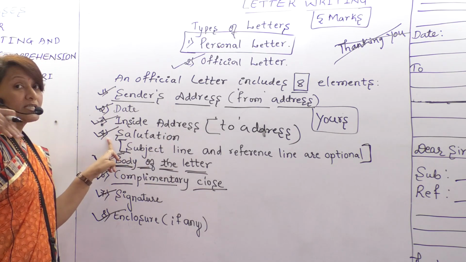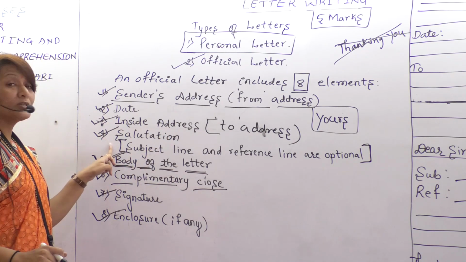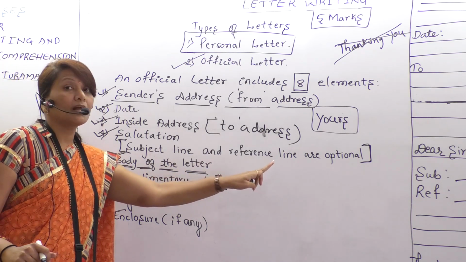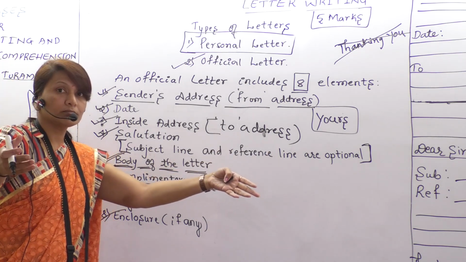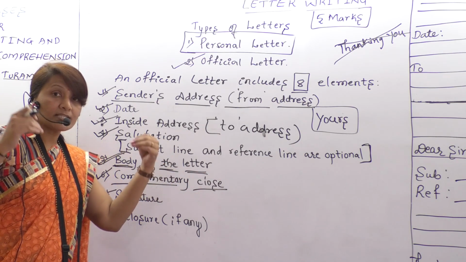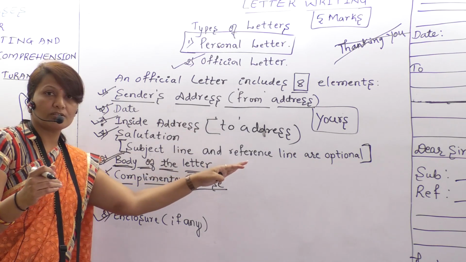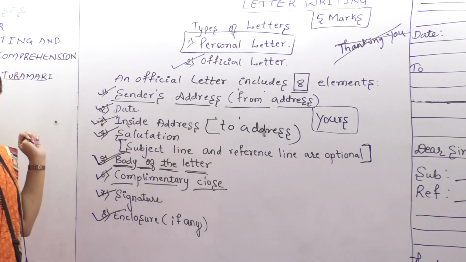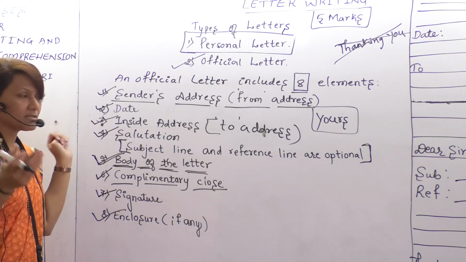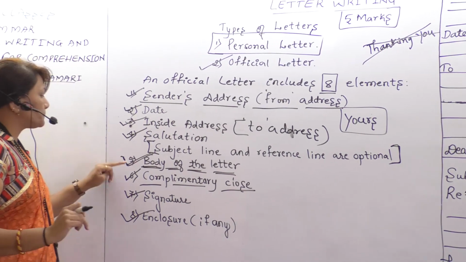Fourth one is the salutation. Below the salutation, the subject line and reference line are optional. If you feel it is needed in your letter, it should be mentioned. If not, it is not necessary. In an invitation letter, it won't be necessary. So likewise, they are optional.